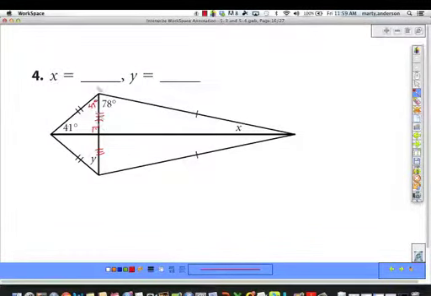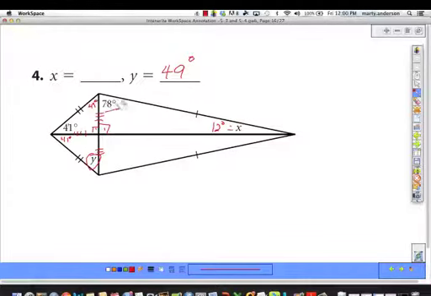Notice these two triangles right here have a shared side, which means this is 41 degrees. We know that because the vertex angles are bisected, which means y is also 49 degrees. I've got a right angle here. I've got a 78 and a right angle. This must be 12 degrees.